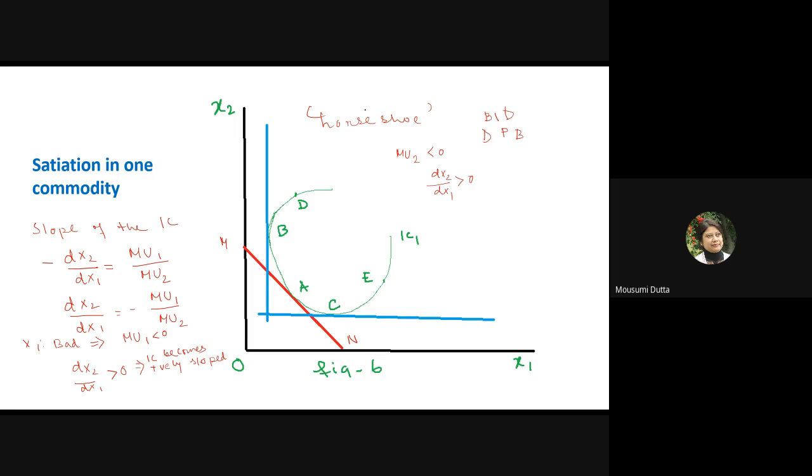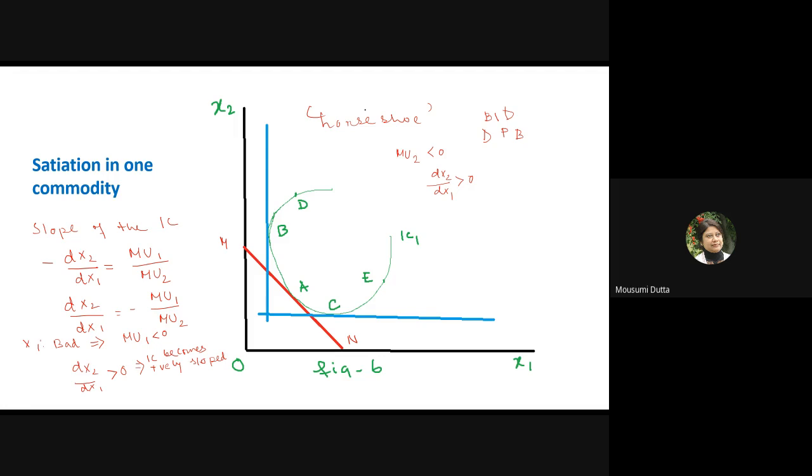Okay, so did you get up to this? So the IC is bending beyond B and beyond C. So you require more of the other commodity, more of the good, to compensate the loss you are facing out of consumption of the bad. So you need some compensation.